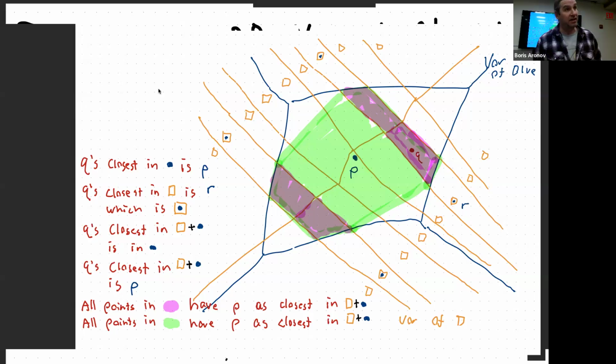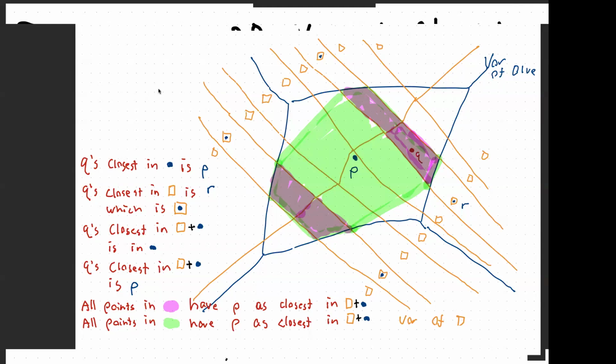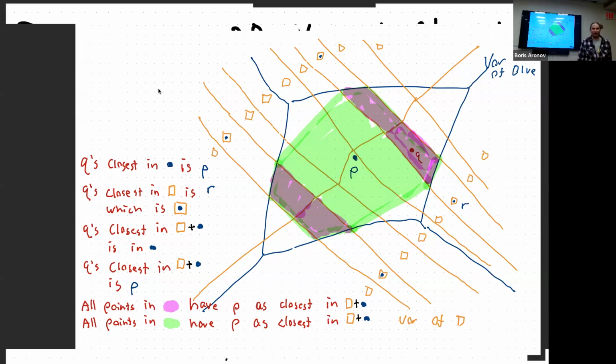This again was why we got rejected the first time, because they said, no, what if you had an orange in there? But no. Even if the orange was inside, it's okay. This logic still holds.